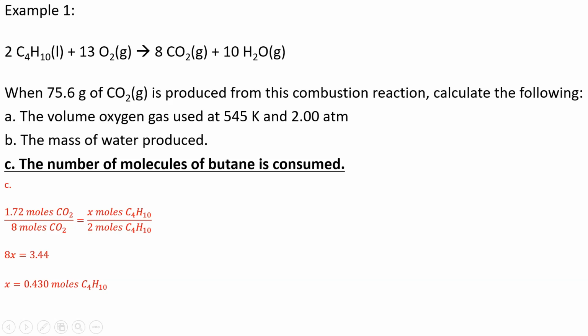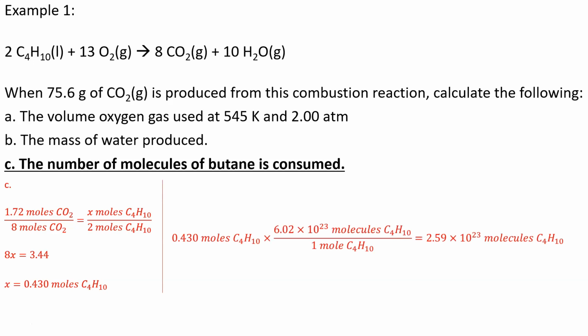In this case, I'm looking for the number of molecules of butane. So if I want to find the molecules, I'm going to have to use Avogadro's number. Make sure you're canceling out your units with dimensional analysis as you do this. 4.30 moles of butane times Avogadro's number of molecules over 1 mole, and you end up with 2.59 times 10 to the 23rd molecules.